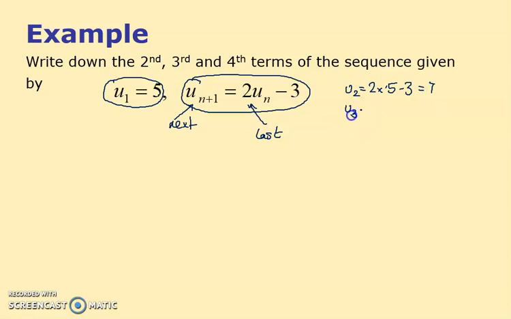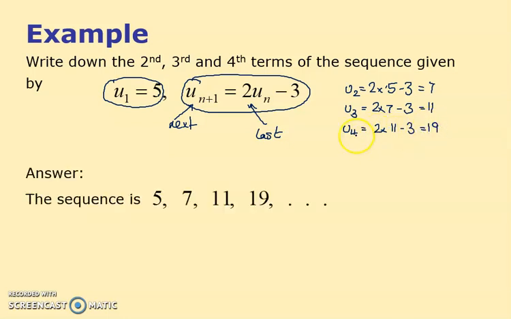Now u3 will be, I'll do the same trick, 2 times my last term, 7, take away 3. That's 14 take away 3, that's 11. What's u4? It says 2 times my last term, 2 times 11, take away 3. So that's 22, that's 19. And it says my terms are 5, which they told me already, and then 7, 11, 19. Yeah, that's what I got.